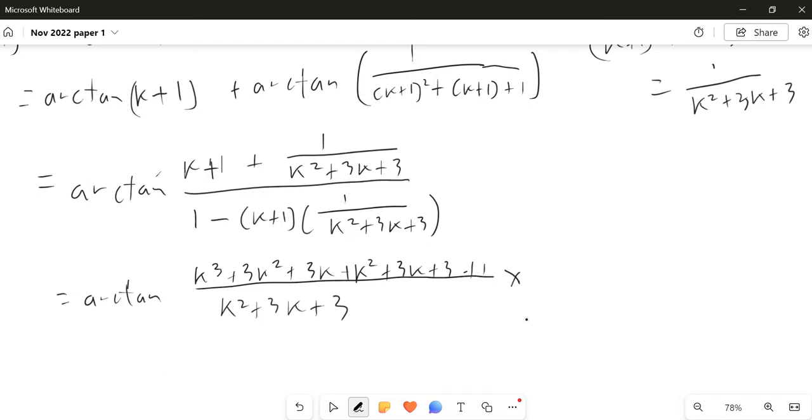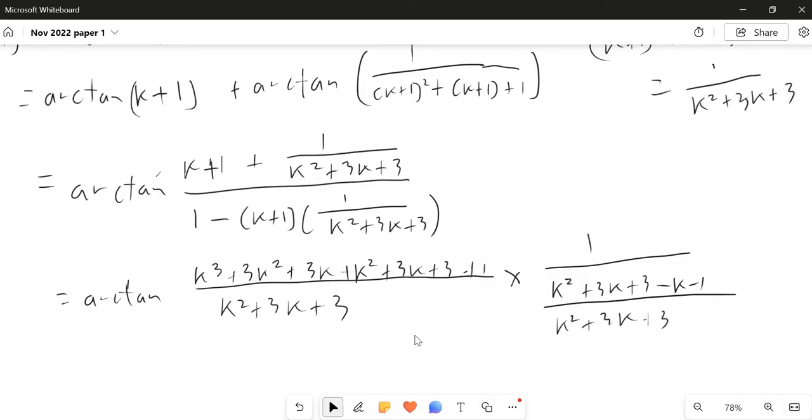And then this all times 1 over 1 minus k, so this just moves up here, so I'm going to do k squared plus 3k plus 3, and then minus k minus 1 because it's minus k plus 1. And then all this over k squared plus 3k plus 3.